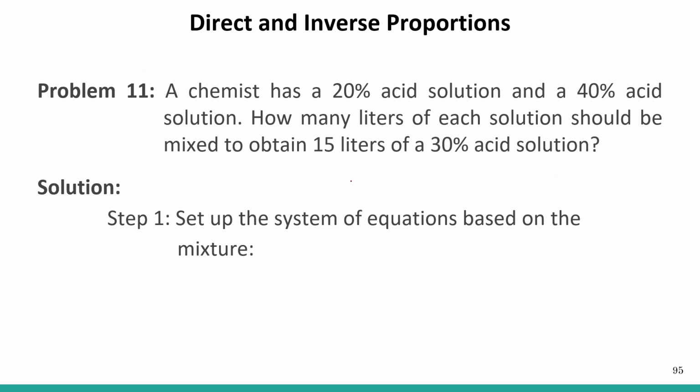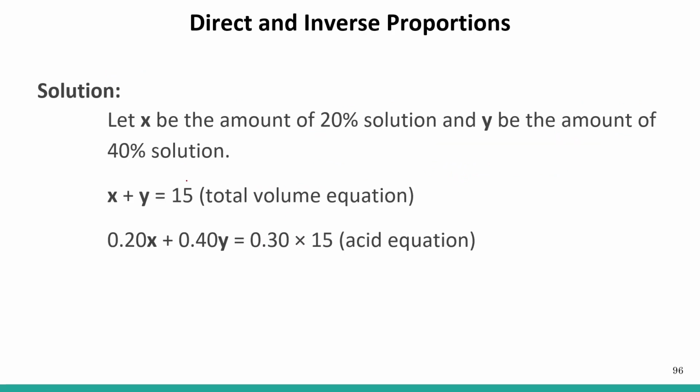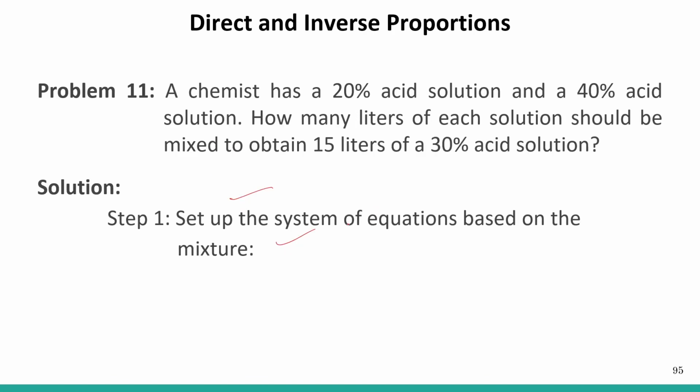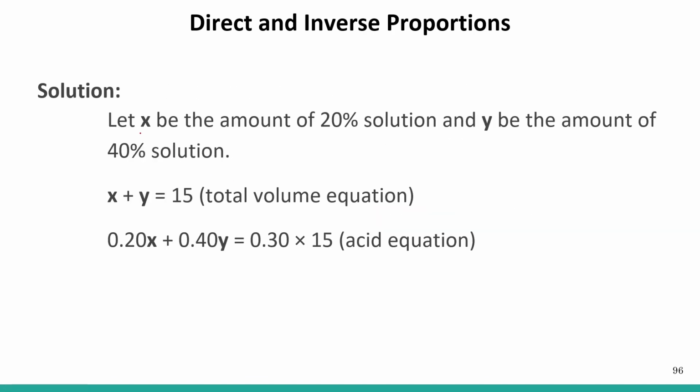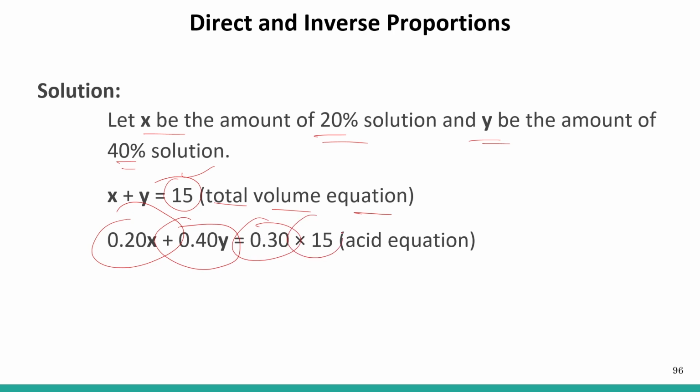Setting up the system of equations based on the mixture, we need to assume something. Let x be the amount of 20% solution and y be the amount of 40% solution, adding up to 15. That is the final amount of solution. So this is the total volume equation. Then 0.20x plus 0.40y is equal to 0.30 into 15.